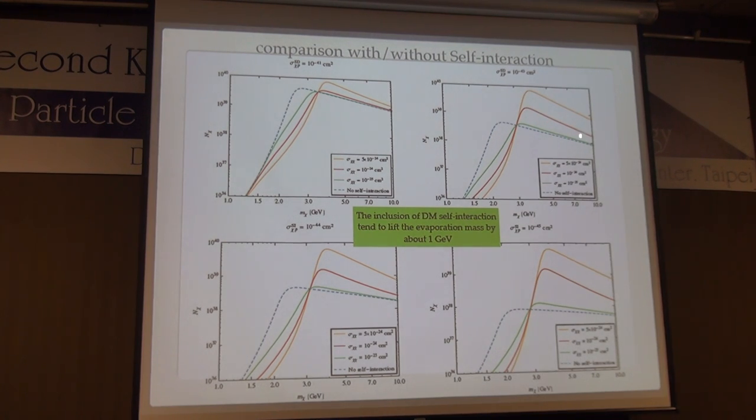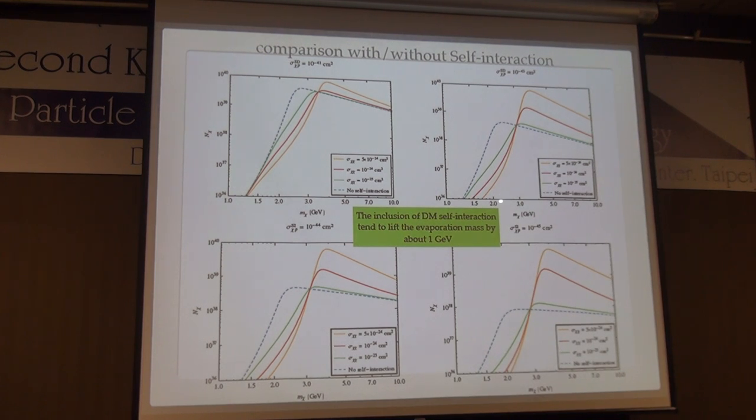The second is you can see there's a peak and then a drop. This is due to evaporation. Because the dark matter is too light, it cannot be trapped anymore. It can easily be kicked out, and the final velocity is easily larger than the escape velocity. So we call this turnover point the evaporation mass.